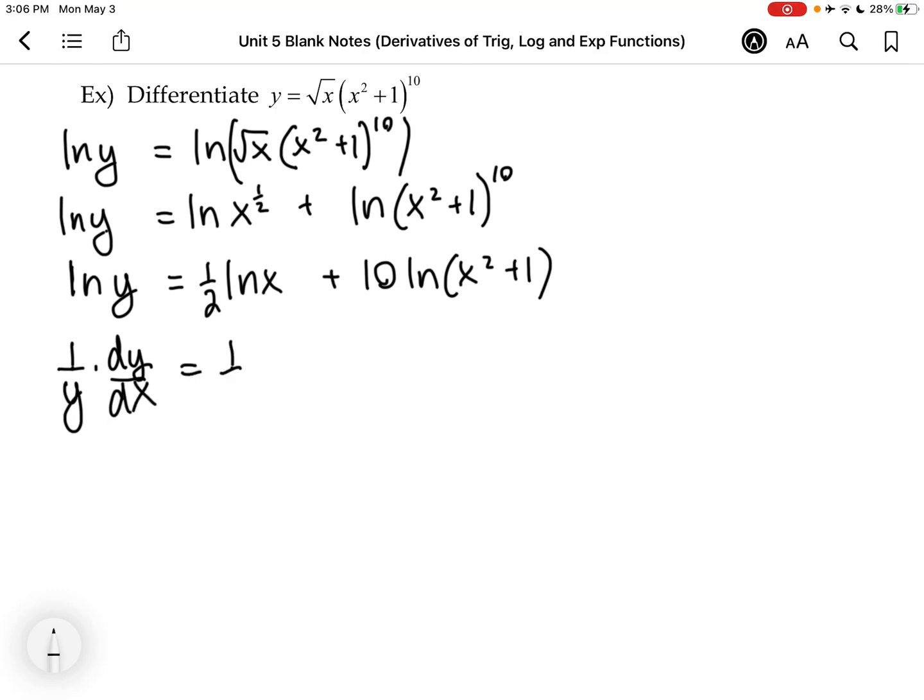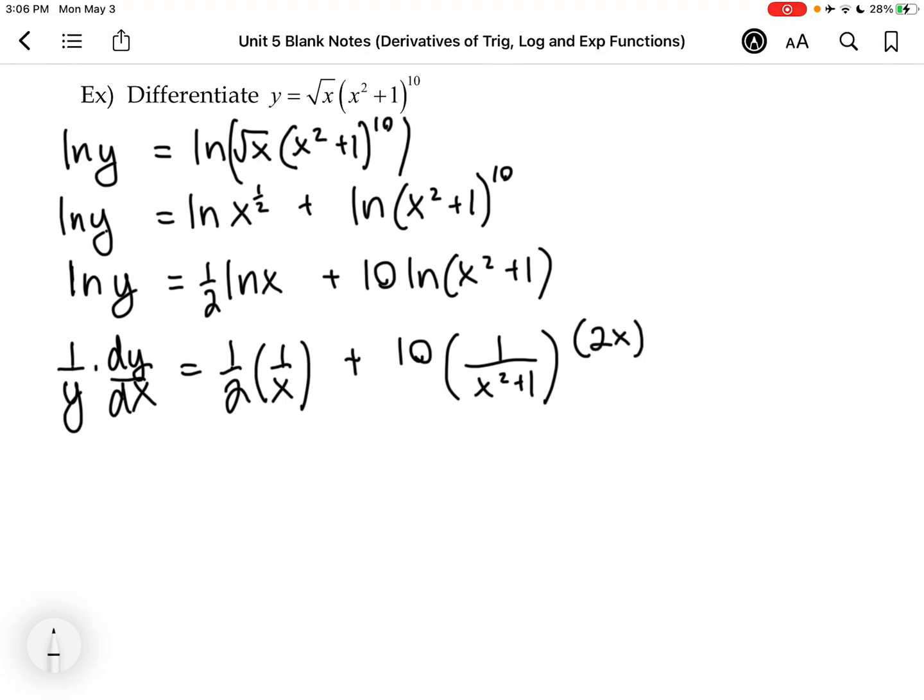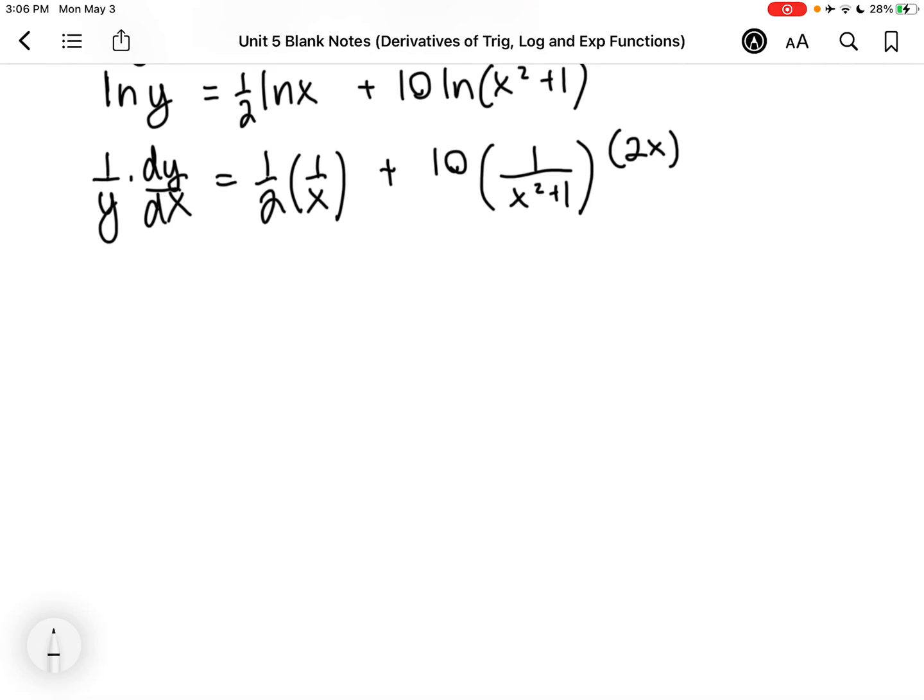And on the right, I'm going to have 1/2 times 1 over x plus 10 times 1 over x squared plus 1 times the derivative of x squared plus 1, which is 2x. And now I'm going to simplify the right a little bit.